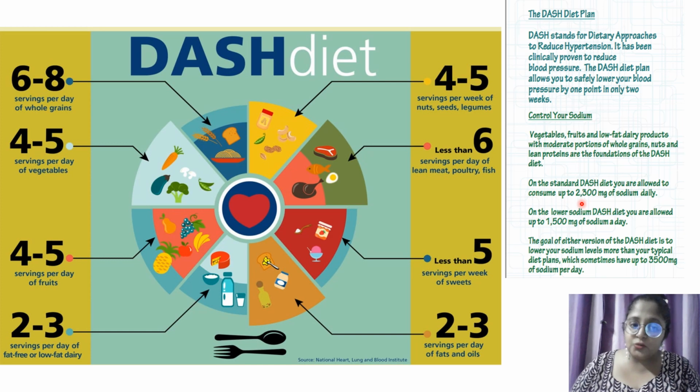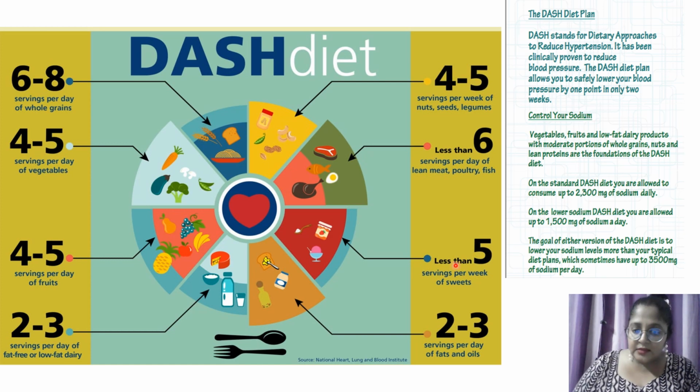So that needs to be checked. And sodium does not mean only table salt, but also some fruits and vegetables, and different kinds of processed meats and packed foods that have a good amount of sodium content, which should be avoided.